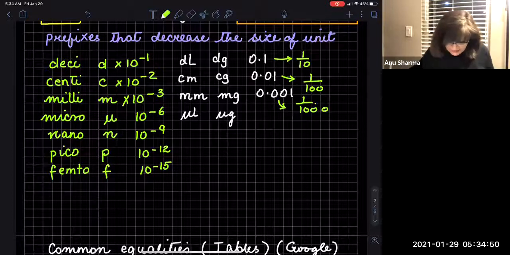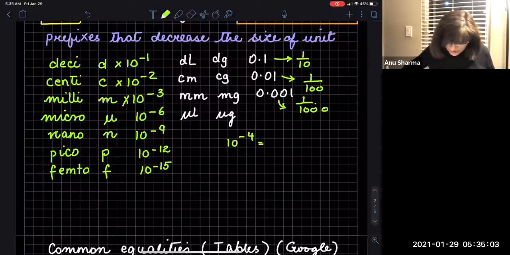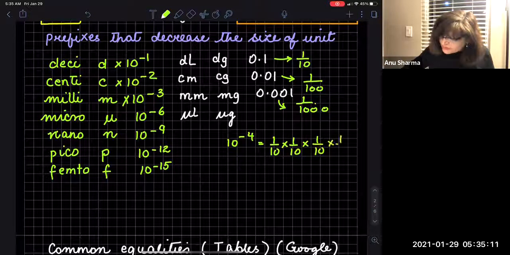Okay, and then similarly, you can go one more, say 10 to the power negative 4. So 10 to the power negative 4 would mean 1 over 10 times 1 over 10 times 1 over 10 times 1 over 10.